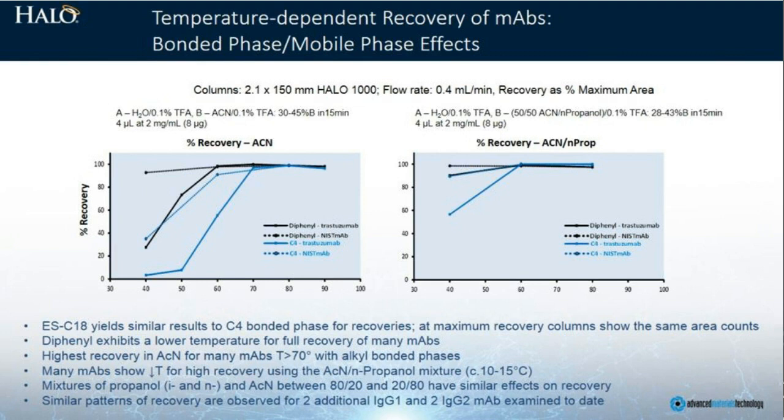And we see it regardless of the exact concentration of the alcohol that's added. We compared this with different concentrations of alcohol and acetonitrile, and we see that effect as long as you've got 10 to 20% of the alcohol in there.